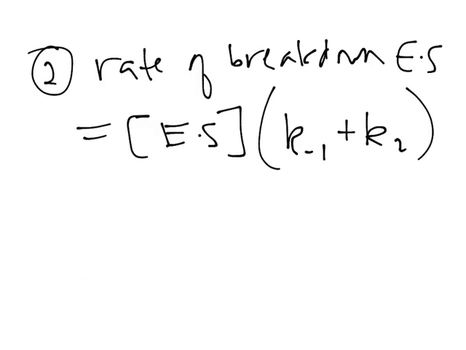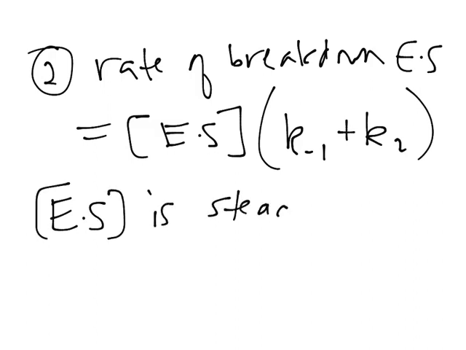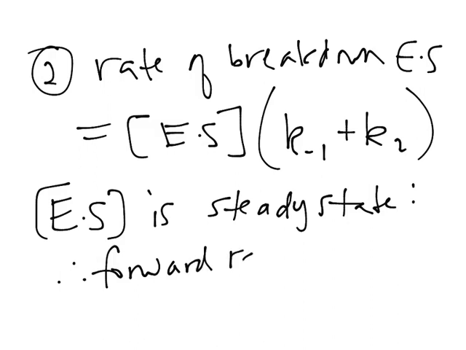Now we have to go back and remember that the first assumption we made in this whole process was that we were in a steady state for the enzyme substrate complex concentration. So if the enzyme substrate concentration is at steady state, then that means that the forward rate, the rate of formation of it, is equal to the breakdown.